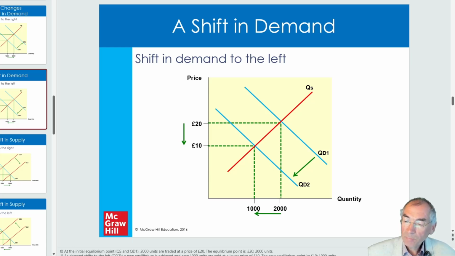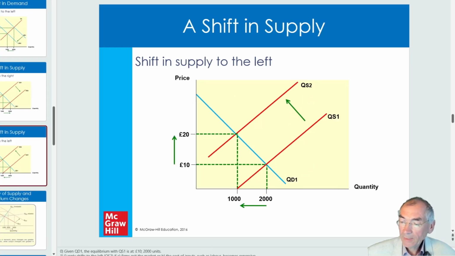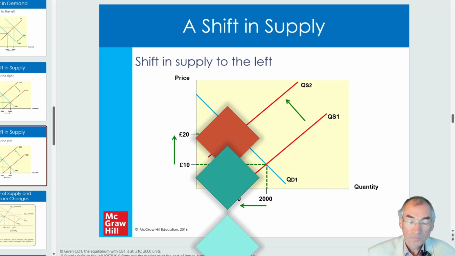If we look at supply in the next figure, you see that if an exogenous variable determining supply changes in such a way that supply shifts to the left, we see that there's a difference. The price goes up, but the quantity goes down, so the two go in different directions.